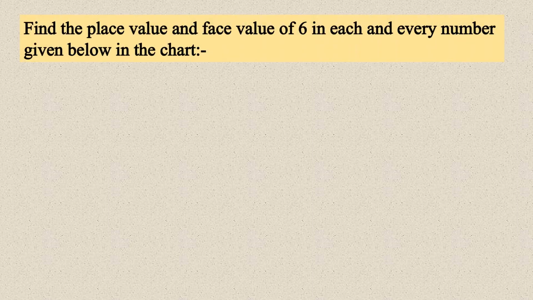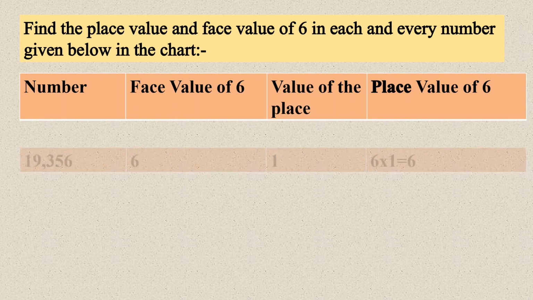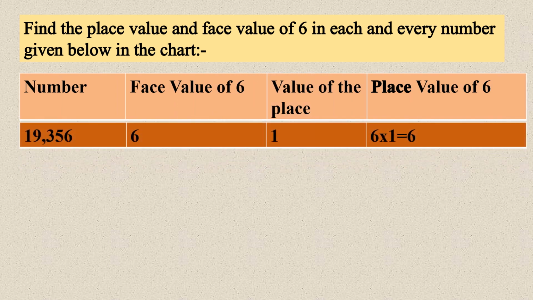Let's understand the difference between place value and face value with the help of the question given here. Find the place value and face value of 6 in each and every number given below in the chart. The first question is 19,356.